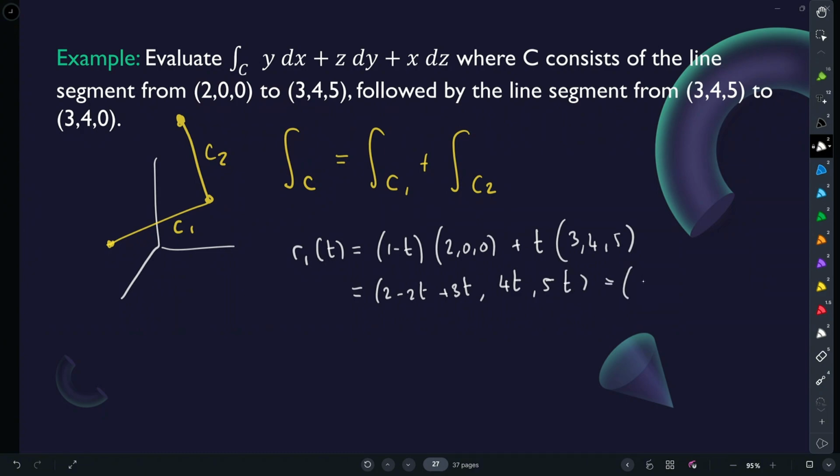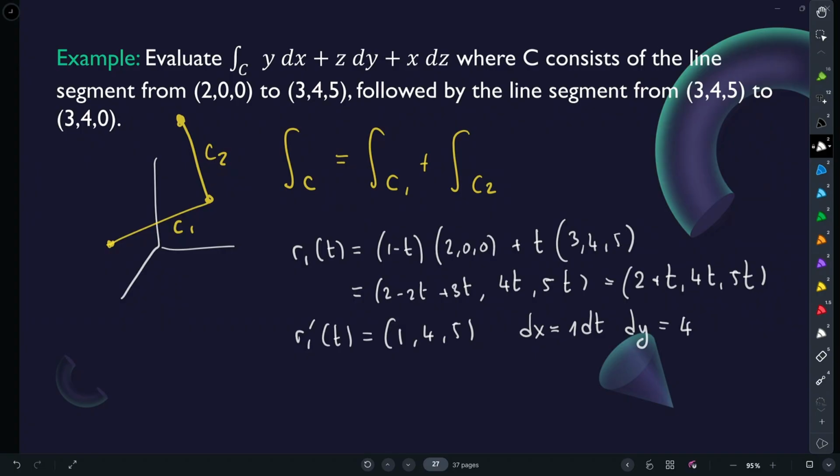So that is 2 plus t, 4t, 5t. The derivatives of that path will be then 1, 4, and 5. And those tell me that dx is just 1 dt, that dy is 4 dt, and dz is 5 dt.